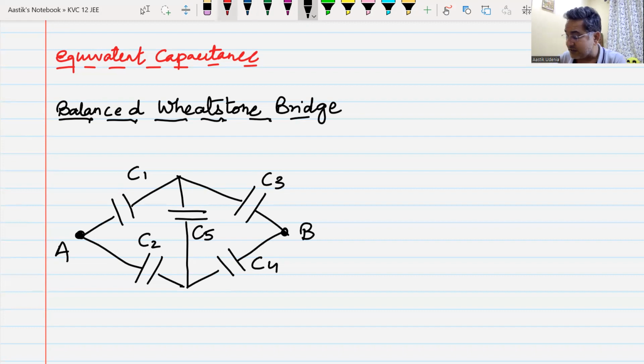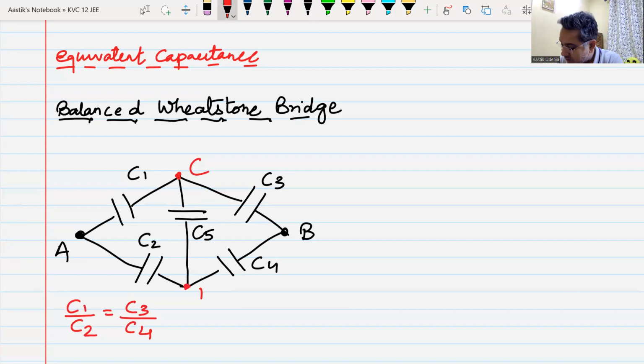But if the condition is given that the ratio of C1 by C2 is equal to the ratio of C3 by C4, then this question becomes very simple to do, because then this point C and this point D, potentially they become same. The potential of point C and point D becomes same.